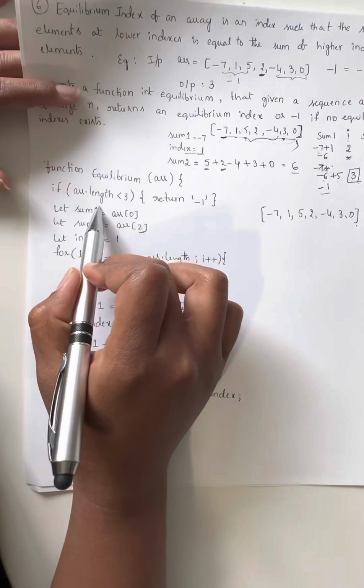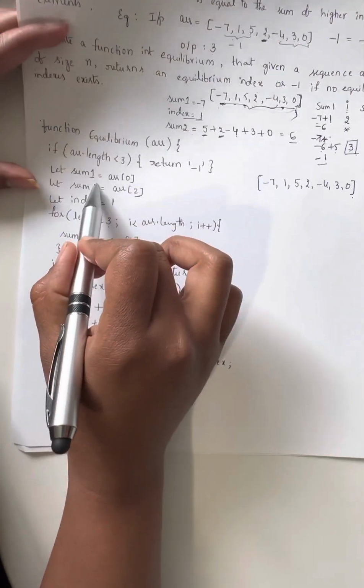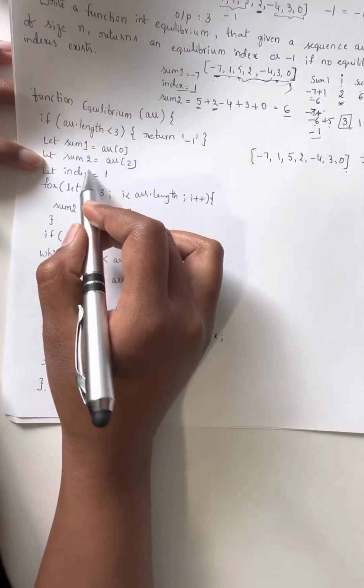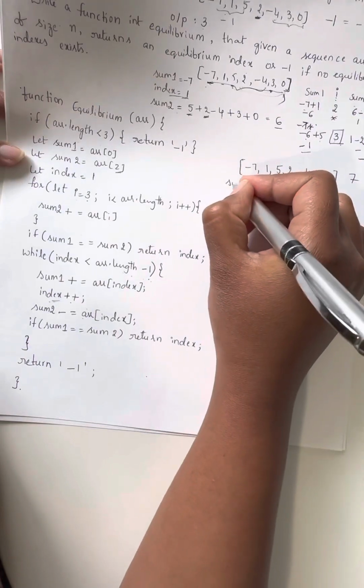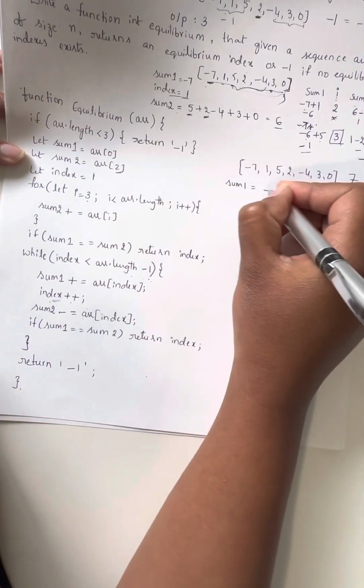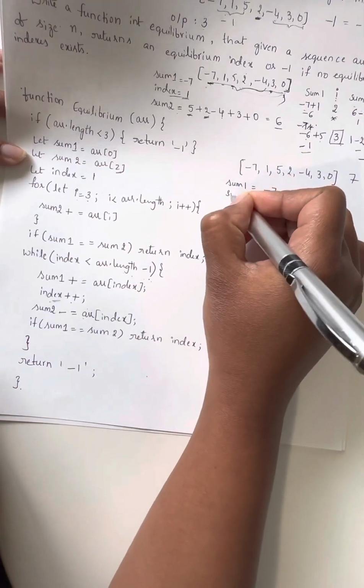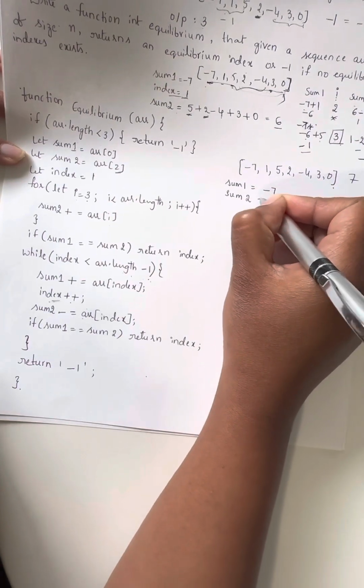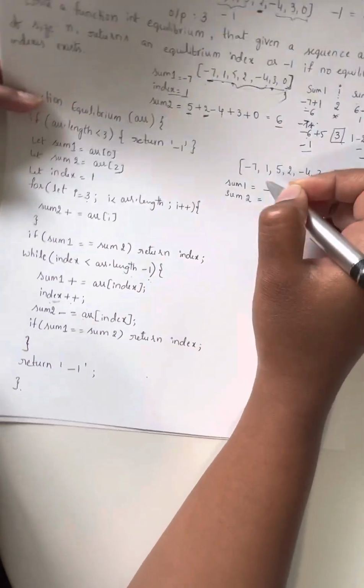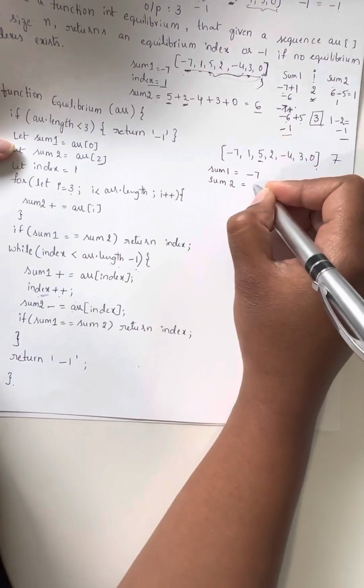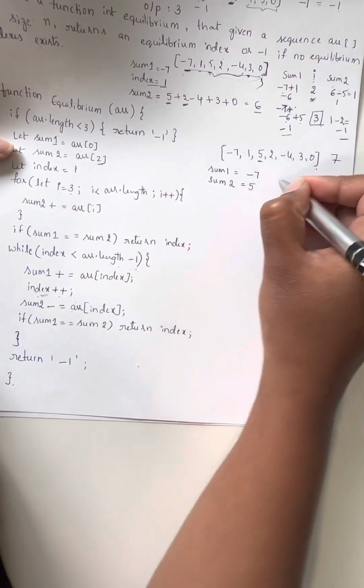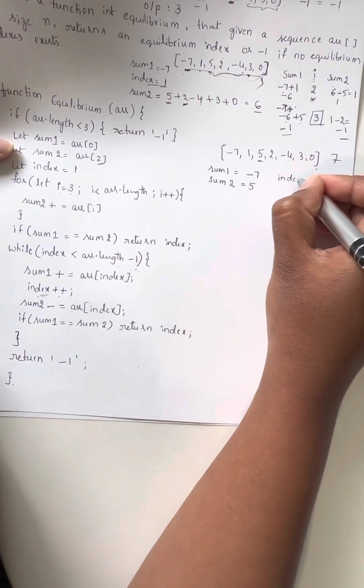So this is not less than 3. Then we are gonna just initialize the sum 1, sum 2 and index. So here the sum 1 is minus 7. Sum 2 is array of 2, which is 5. Index is 1.